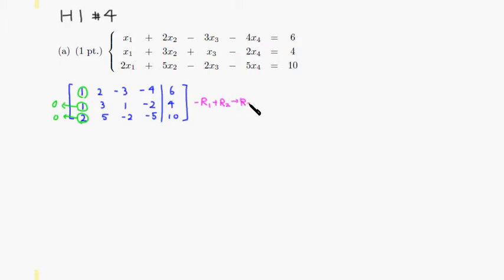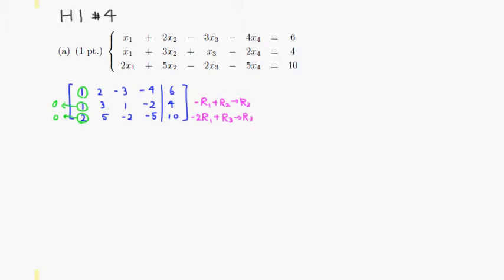Same deal for row 3: we want to get rid of 2, so we multiply row 1 because row 1 has the pivot, multiply by the negative of the number you want to get rid of, then add it to the row we are working on. In this case, row 3, so that's going to replace our row 3.